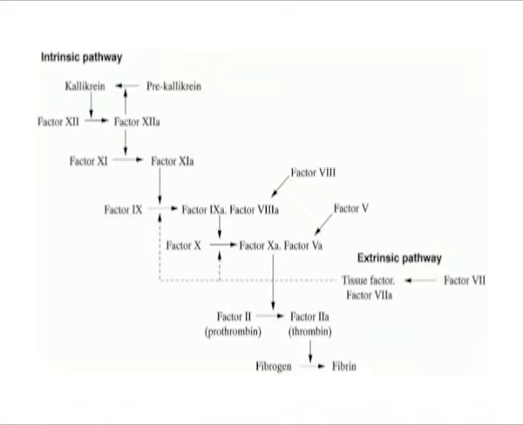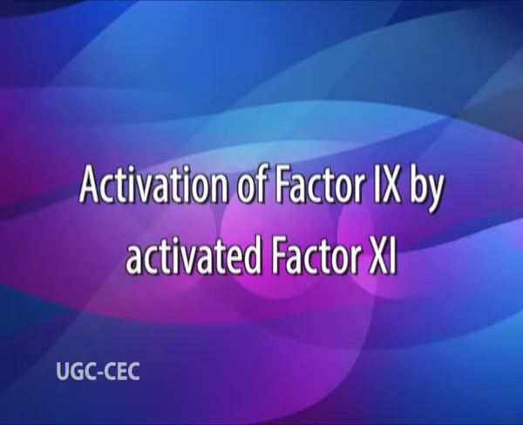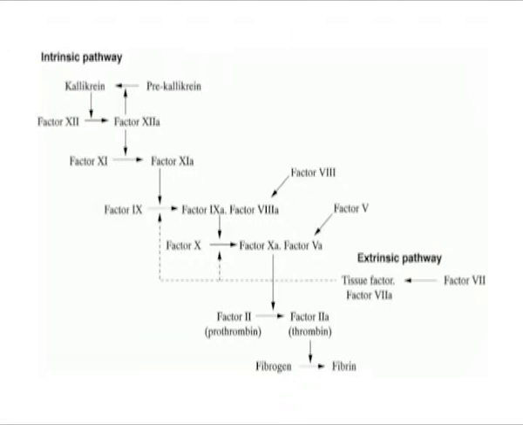This reaction also requires HMW, high molecular weight kininogen, and is accelerated by prekallikrein. Activation of factor IX by activated factor XI. The activated factor XI then acts enzymatically on factor IX to activate this factor also.